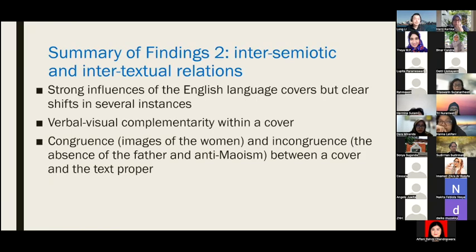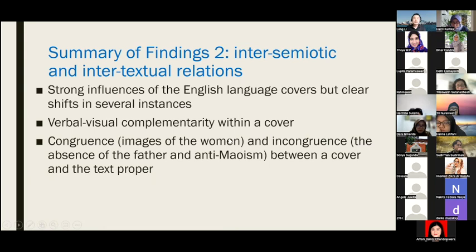But when it comes to the relation between the cover and the text proper, we find some congruence and some incongruence. Congruence is the image of the three women being beautiful, likable, but passive, lacking agency. And that is consistent both in the cover and also in the text proper.